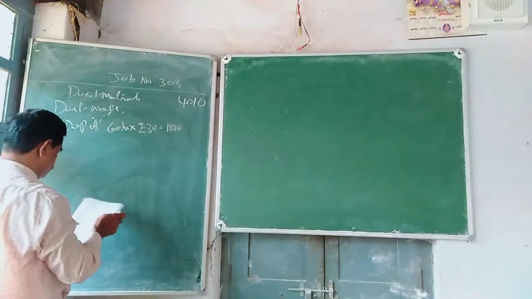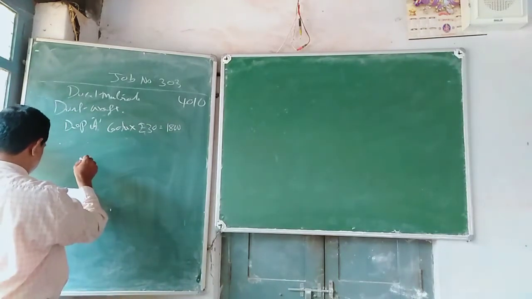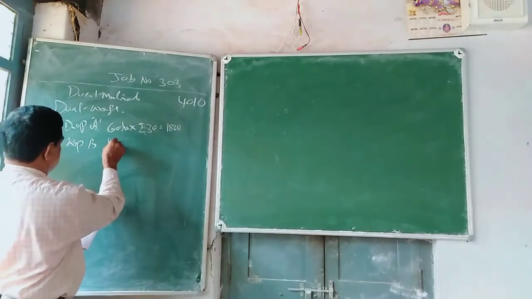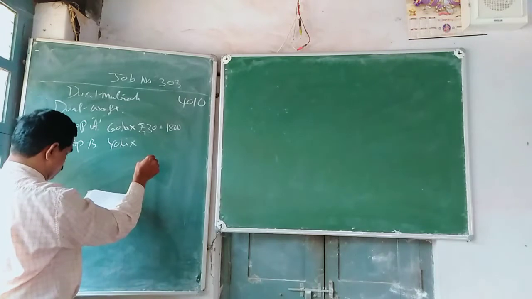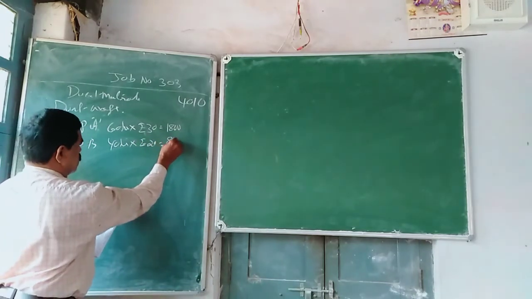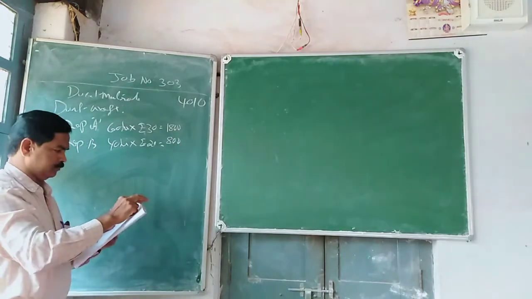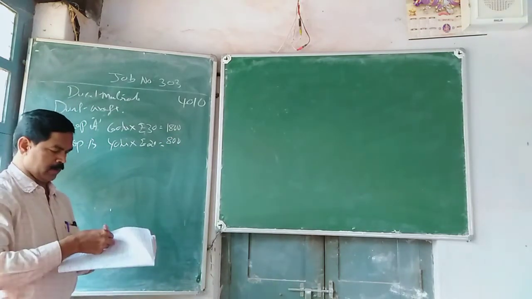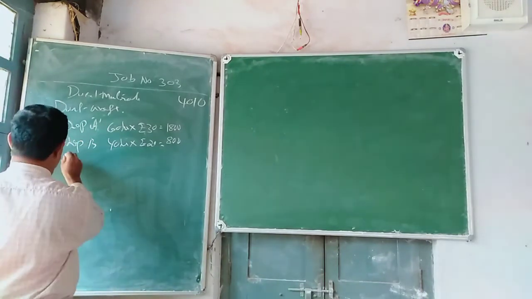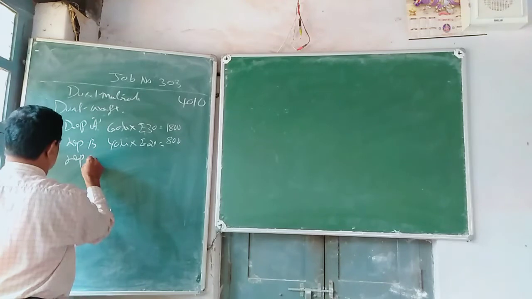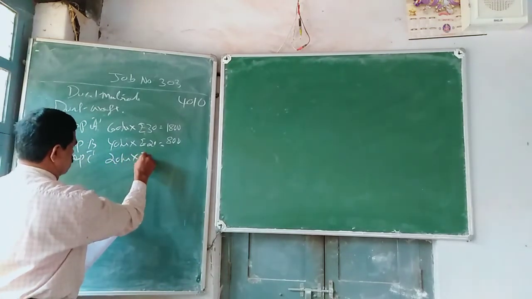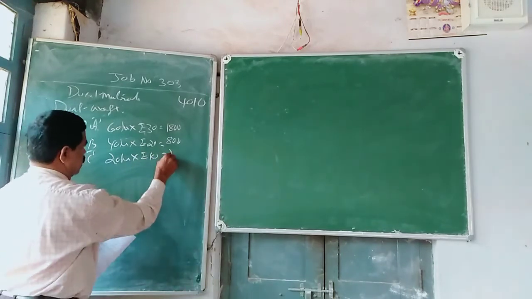Department B, 40 hours at the rate of rupees 20, so is equal to 800. Then one more department is there, department C, 20 hours at the rate of rupees 10, so is equal to 200.